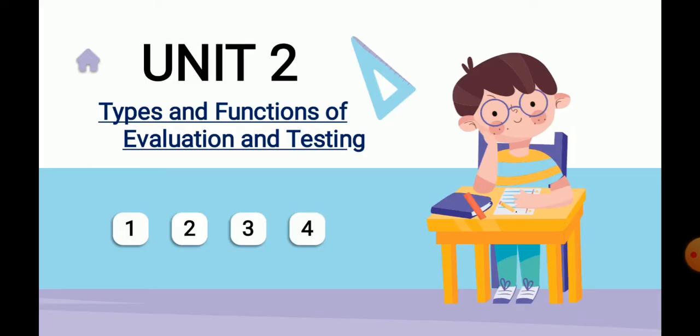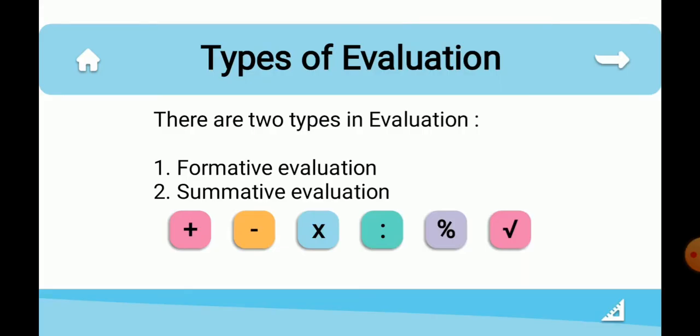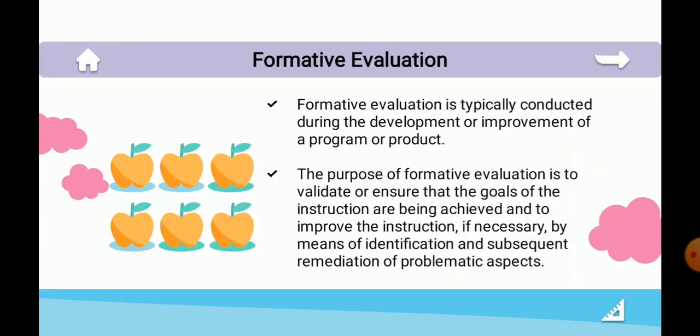We are going to Unit 2, Types and Function of Evaluation and Testing. There are two types of evaluation. The first is formative evaluation and the second is summative evaluation. Formative evaluation is typically conducted during the development or improvement of a program or product.